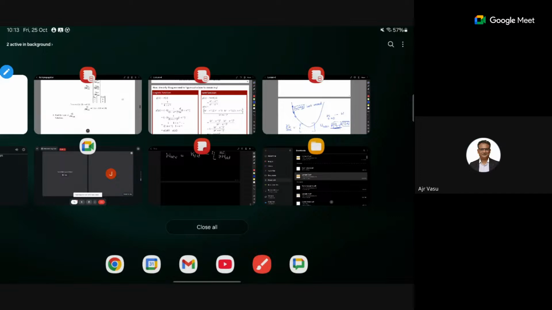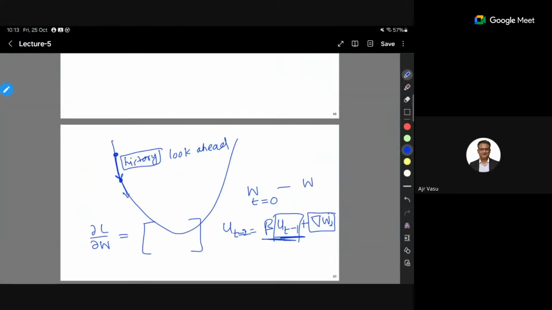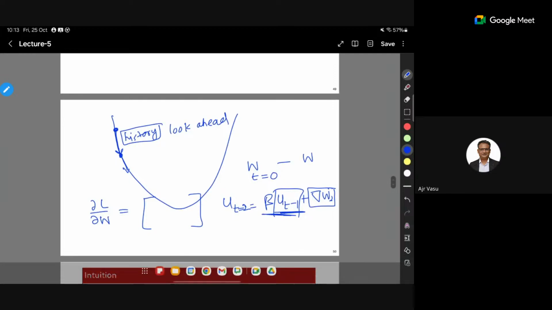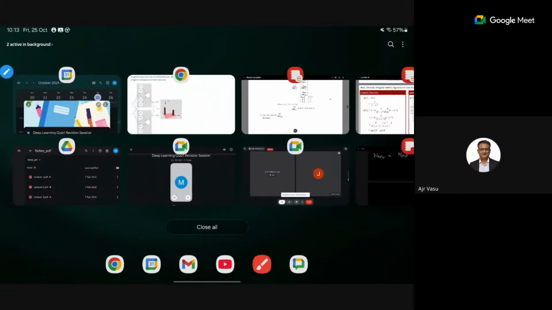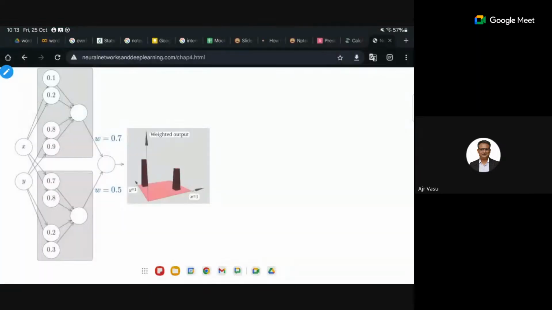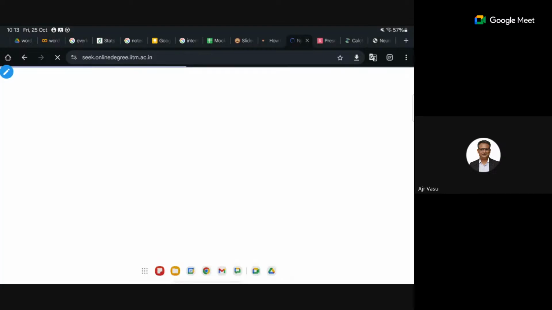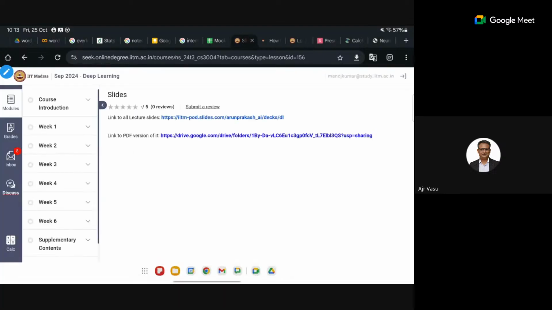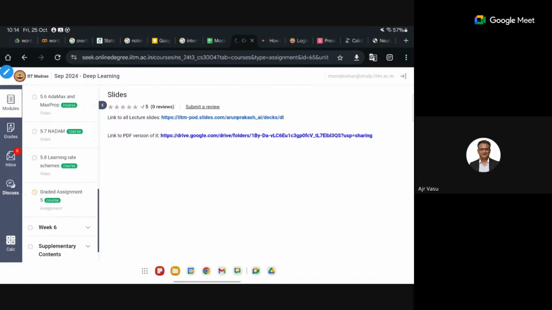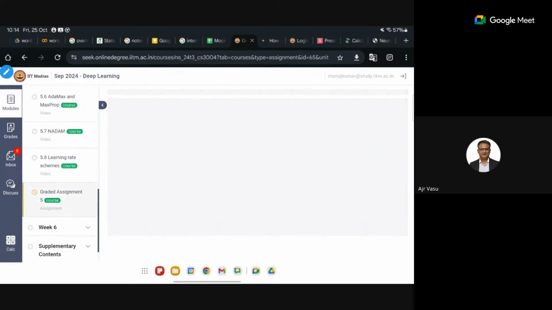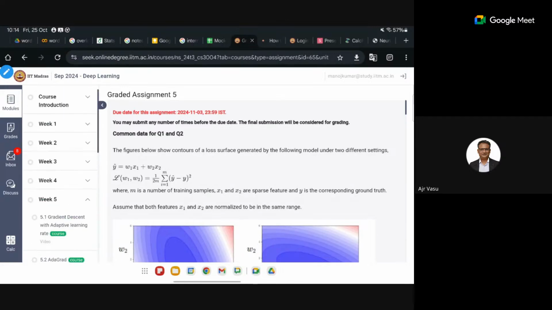Question 5. If somebody has got it right and understood, they can share it in the group also. I'm happy to look at that, because when I was looking at the explanation, I found a little bit of an error in the graded assignment solution. If you just go to week 5. Week 4, sir. Week 4.